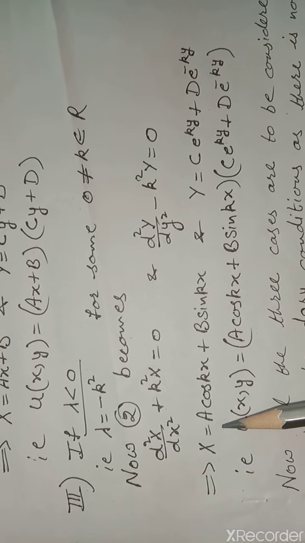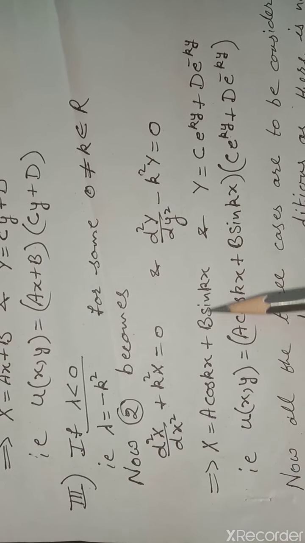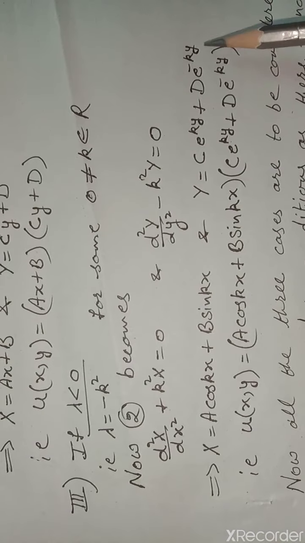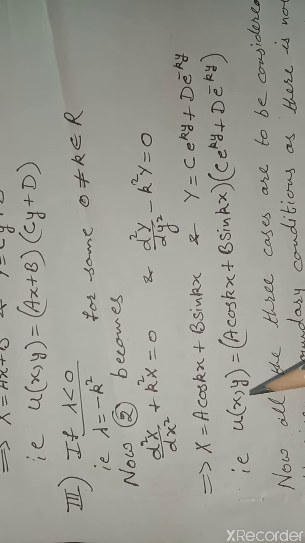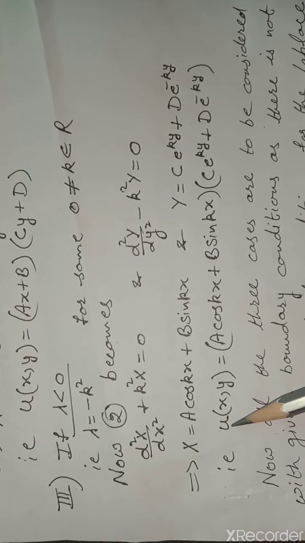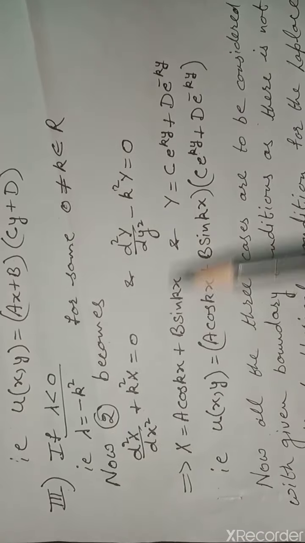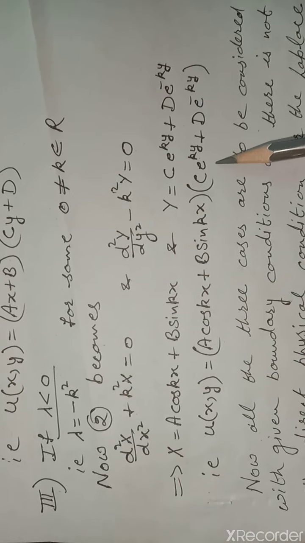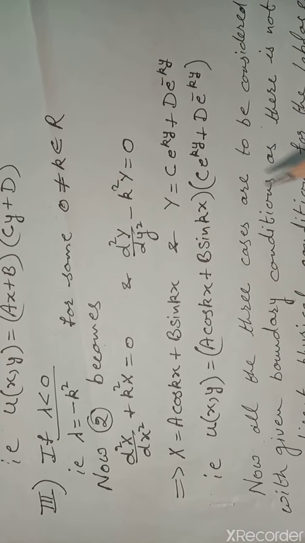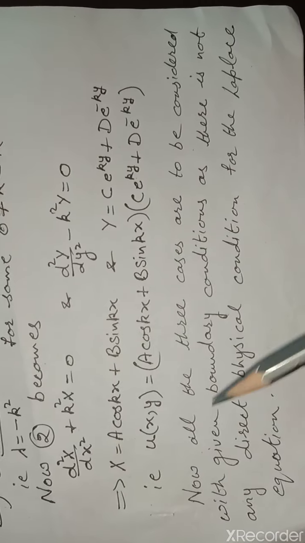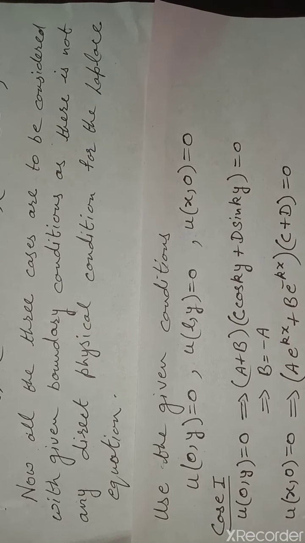So this equation has this as solution, and this differential equation has this solution. Okay. Now u is the product of X and Y. Now we have three solutions in three different cases.